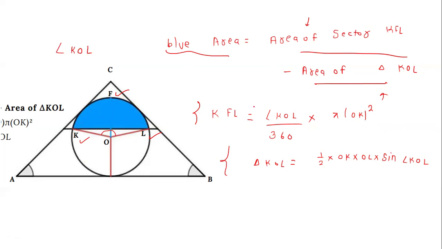So the sector area of KFL is angle KOL divided by 360 multiplied by pi times OK square, where OK is the radius of the circle. And the triangle area is half times this OK length, this OL length, and sine of the angle between them. So it is sine of the angle KOL. So in this way we can easily find out both the areas.